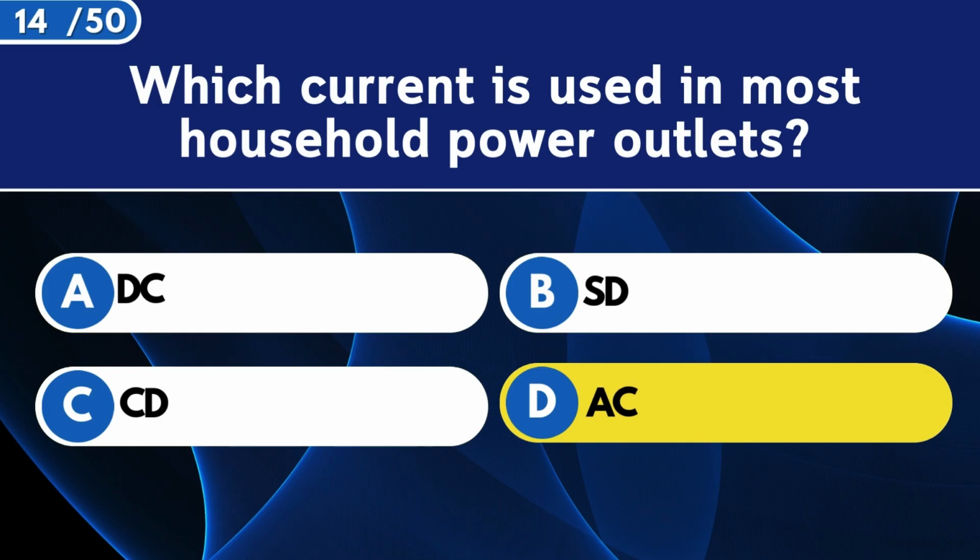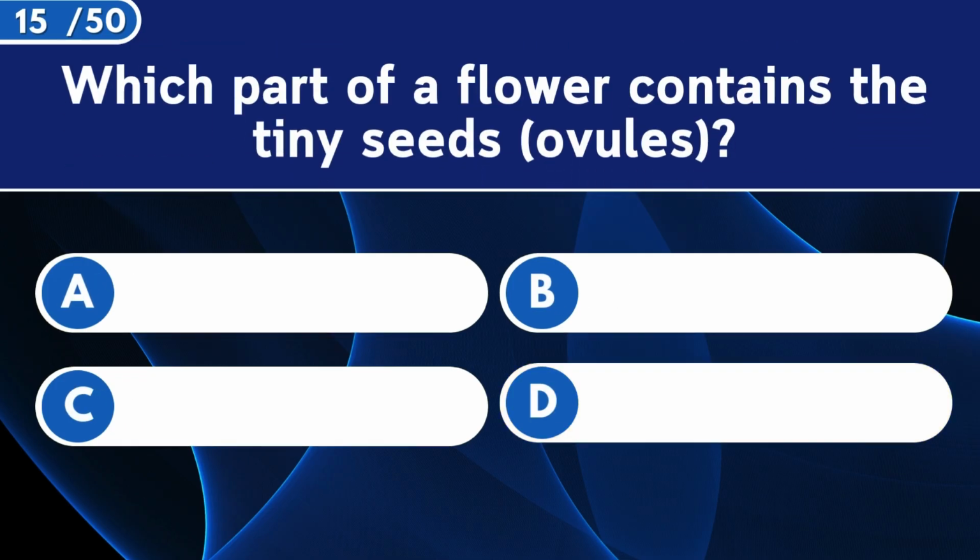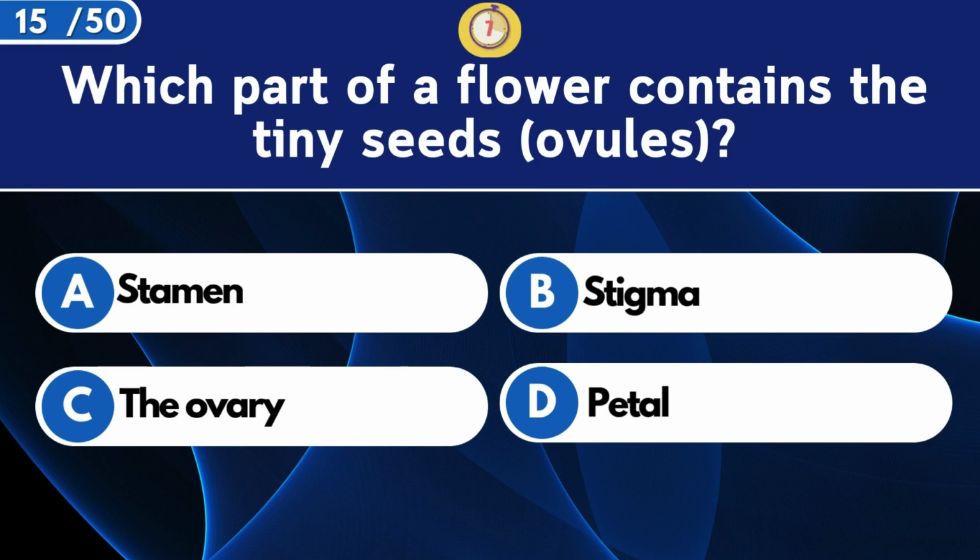AC. Which part of a flower contains the tiny seeds or ovules? The ovary.